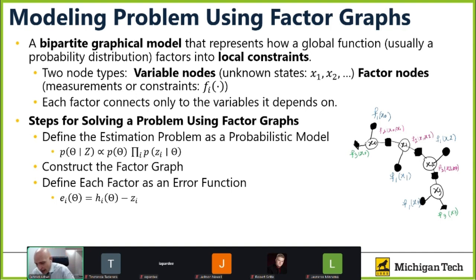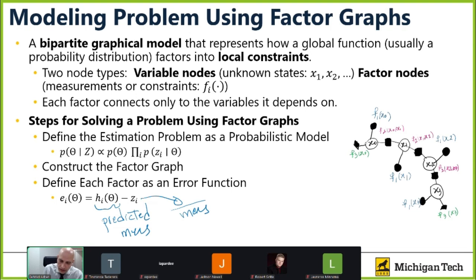You need to have a predicted measurement and an actual measurement. The actual measurement z comes directly from the sensor. The predicted measurement comes from your model.